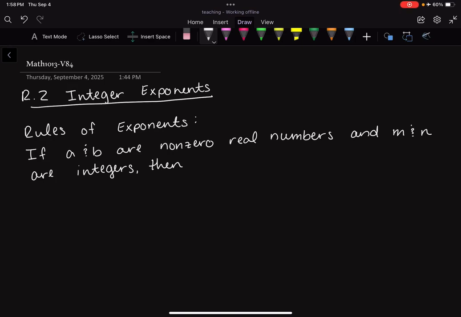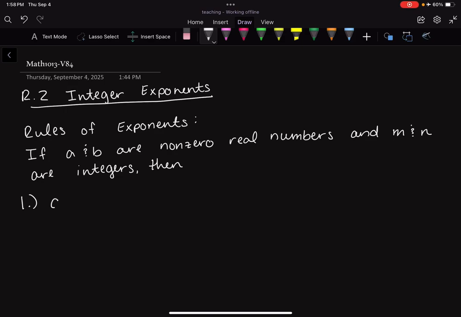It's really important to know that A and B are real numbers, so as long as they don't have I in them, we're good. And then M and N are integers, so integers are going to be like whole numbers, but they could be negative, positive, or also zero. And so here are our rules.